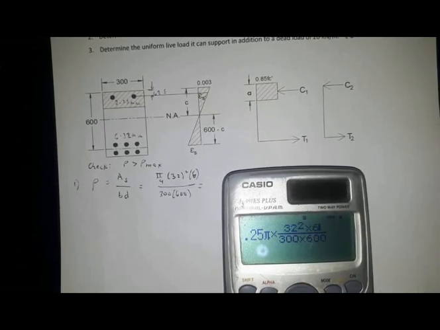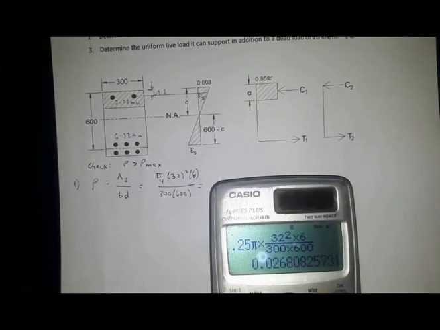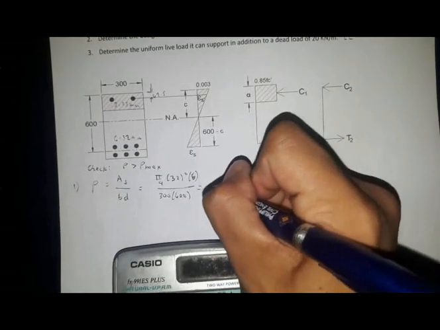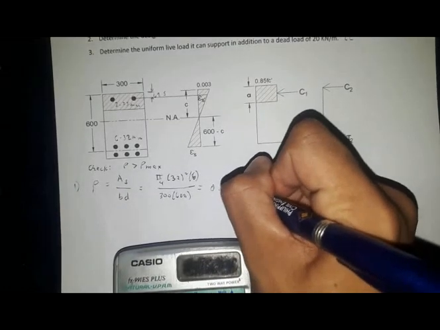So times 6, that will be 0.0268. Now, let's compare it to rho maximum.